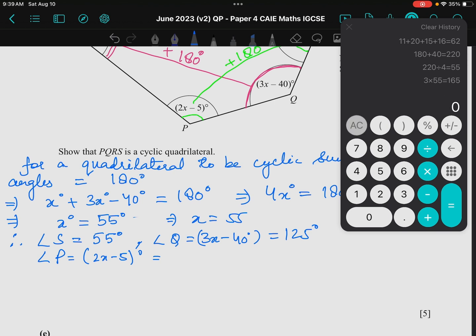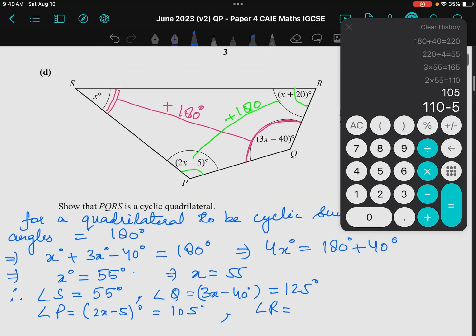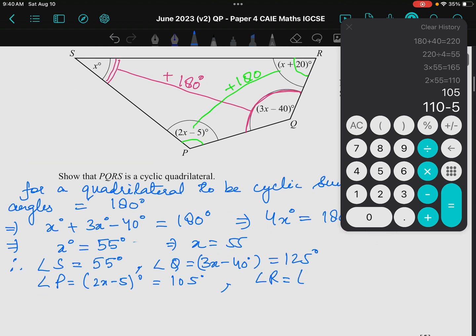That means 2 multiplied by 55 minus 5 is equal to 105 degrees. And angle R is equal to x plus 20 degrees, which is x is 55 plus 20 degrees, means 55 plus 20, 75.